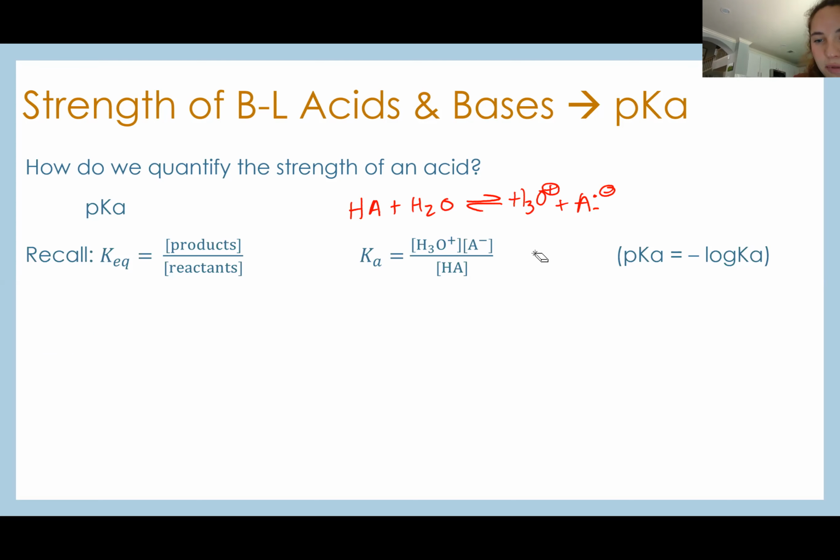And then to calculate pKa, we take the negative log of Ka. Remember that the little p always means negative log of. So when you see pH, that means negative log of the concentration of hydronium.